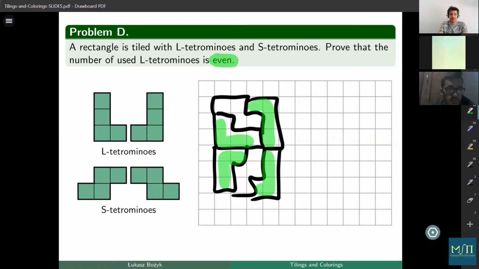Then they can be distinguished by this coloring. If we know that our rectangle has, for example, an even number of shaded cells, and every S tetromino has an even number of shaded cells, and every L tetromino has an odd number of shaded cells, then we instantly get that the number of L tetrominoes is even.